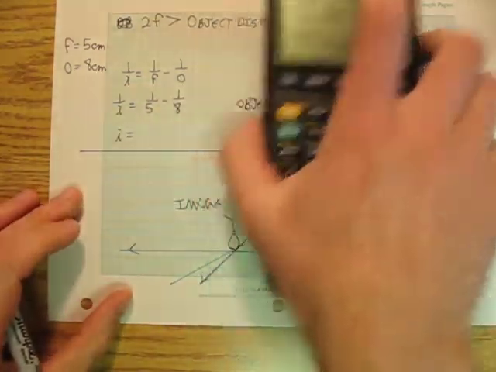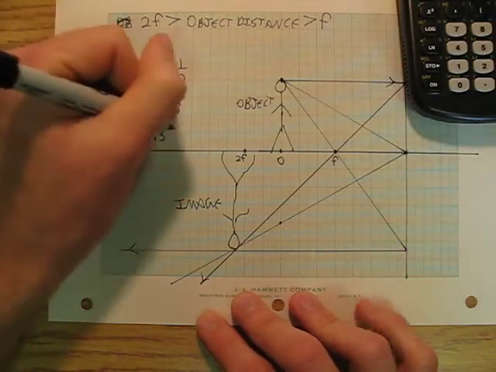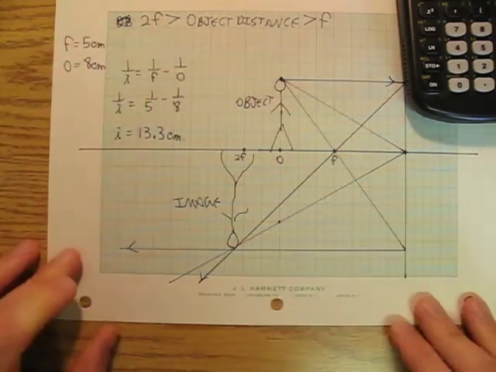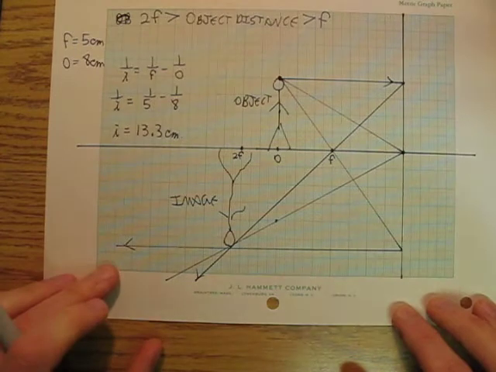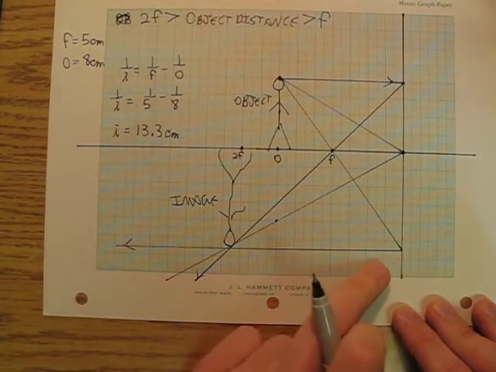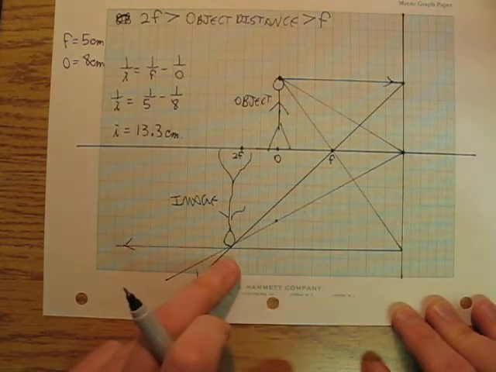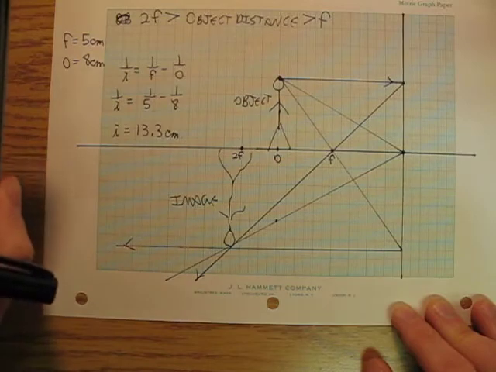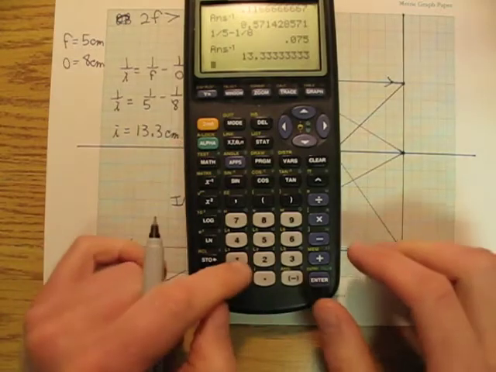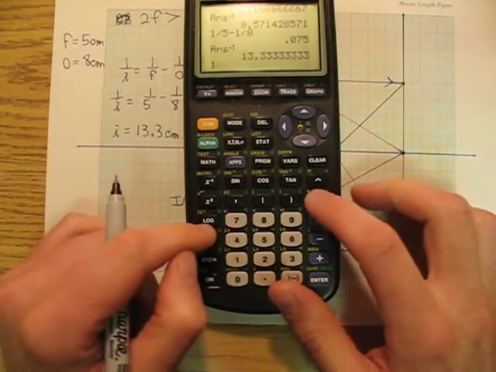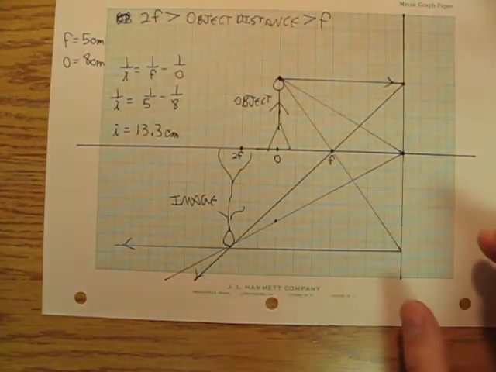I get 13.3. So I've got 1, 2, 3, 4, 5, 6, 7, 8, 9. I'm at like 9 point something. I think I might have done. Let's try it this way. What did I do wrong? That's the question, is what did I do wrong?